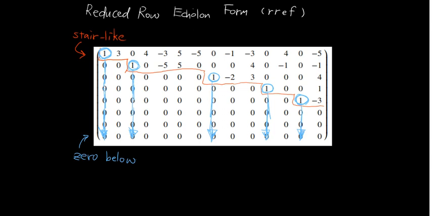Now the third one and the fourth one are not actually required for the echelon form. They are not required for the echelon form, but they are required for the reduced one. So for the reduced echelon form, you also want it to be 0 above.